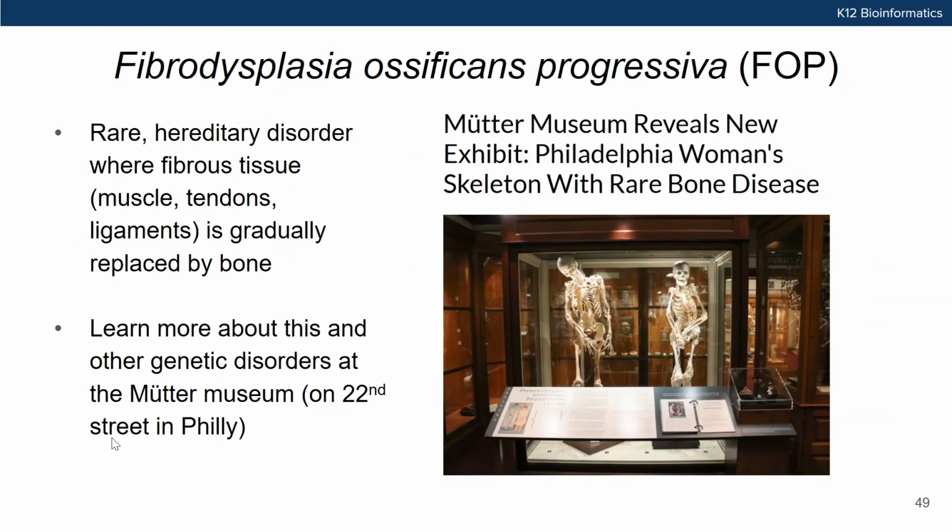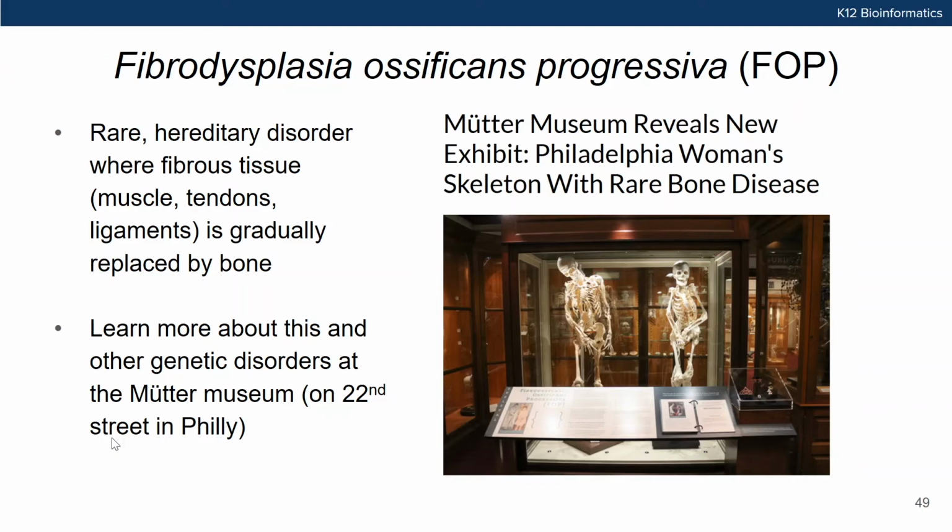And now let's talk briefly about how scientists investigate rare hereditary disorders. To do this, we're going to use an example of a very rare disorder called fibrodysplasia ossificans progressiva, or FOP for short.